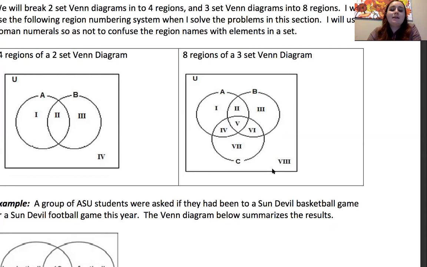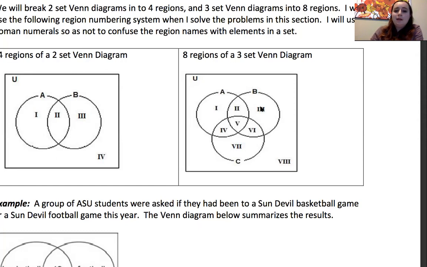Now, what makes this Venn diagram more difficult is the amount of overlap, the amount of intersections. Region 5 here in the very, very middle overlaps all 3 circles. They don't have 3 hands, but 1, 2, and 3. They overlap, meaning whoever is in region 5 here is in all 3 categories, which is really, really cool.